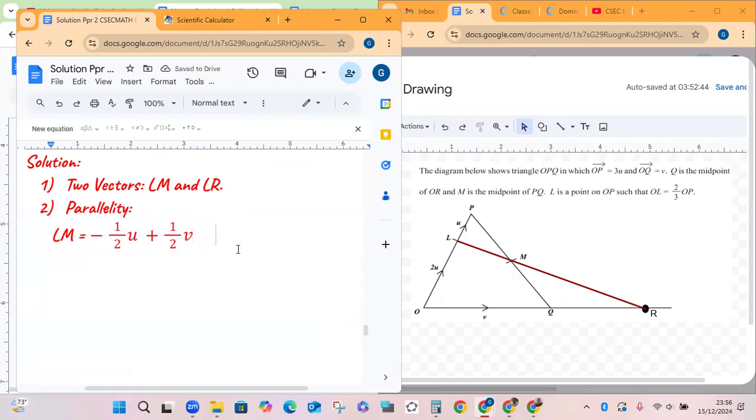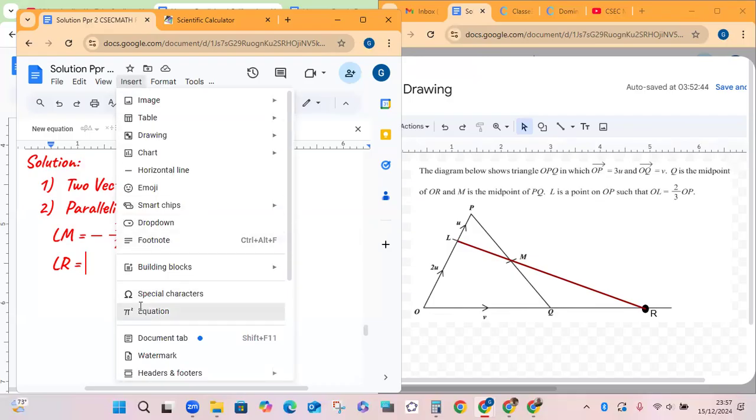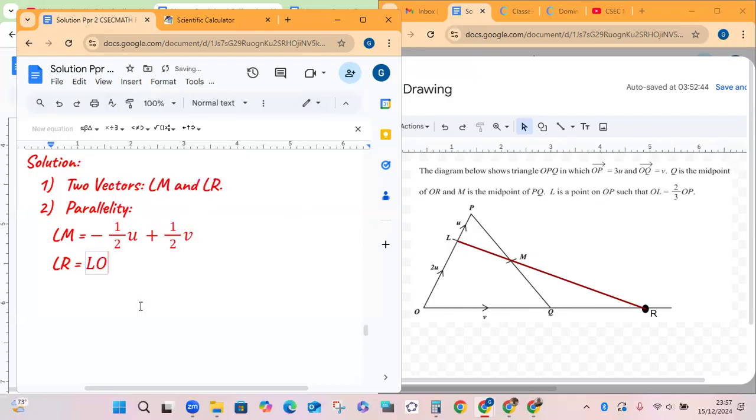Now let's find LR. To go from L to R, you have to do an LO plus an OQ plus a QR. So LR is equal to LO plus OQ plus QR. Now, let us write this in terms of U's and V's.